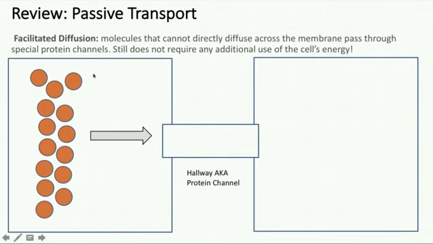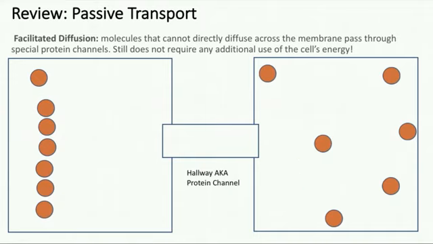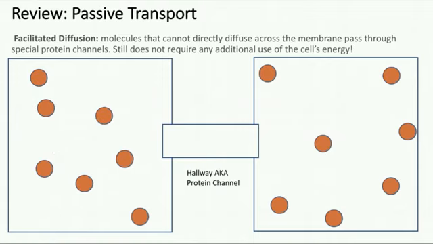Naturally, all my students that were packed in my classroom are going to want to move out and spread out. Again, this is still not requiring energy. They spread out naturally, going from a high concentration to a lower concentration. Even within my classroom, they are now spreading out. Oh, and this last guy chose there. So facilitated diffusion: high to low, no energy. The only difference is you are adding in a protein channel.